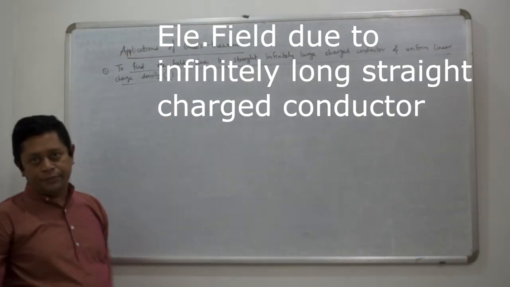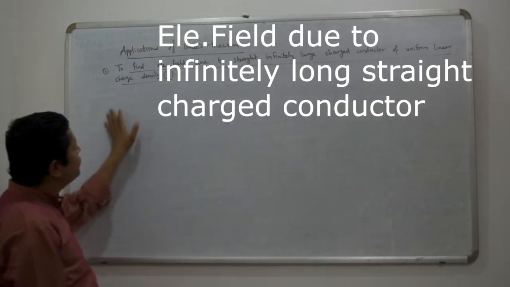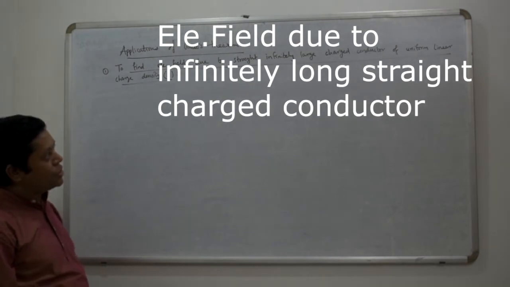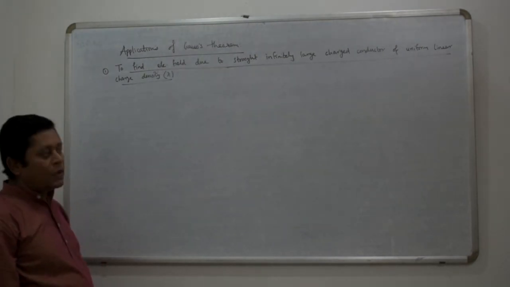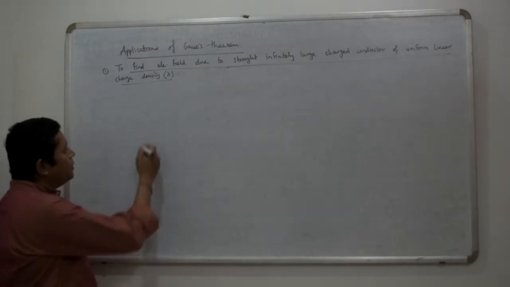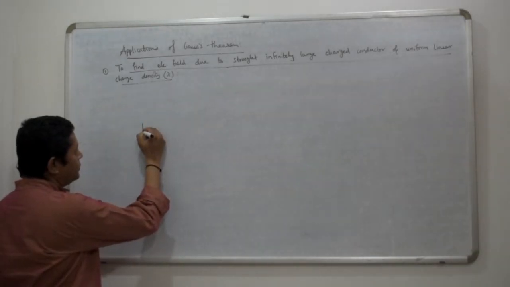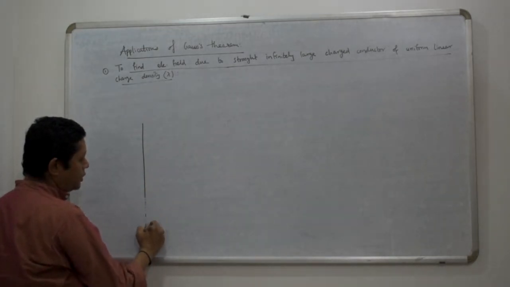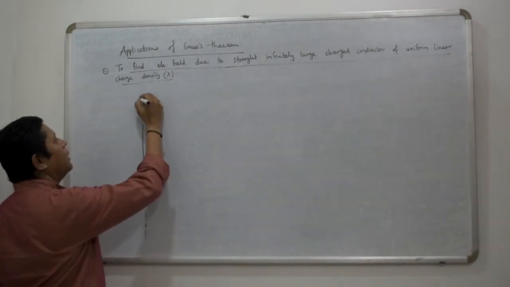Applications of Gauss theorem. The first application is to find the electric field due to a straight, infinitely large charged conductor having uniform linear charge density lambda. Let us consider this conductor to be infinitely large.